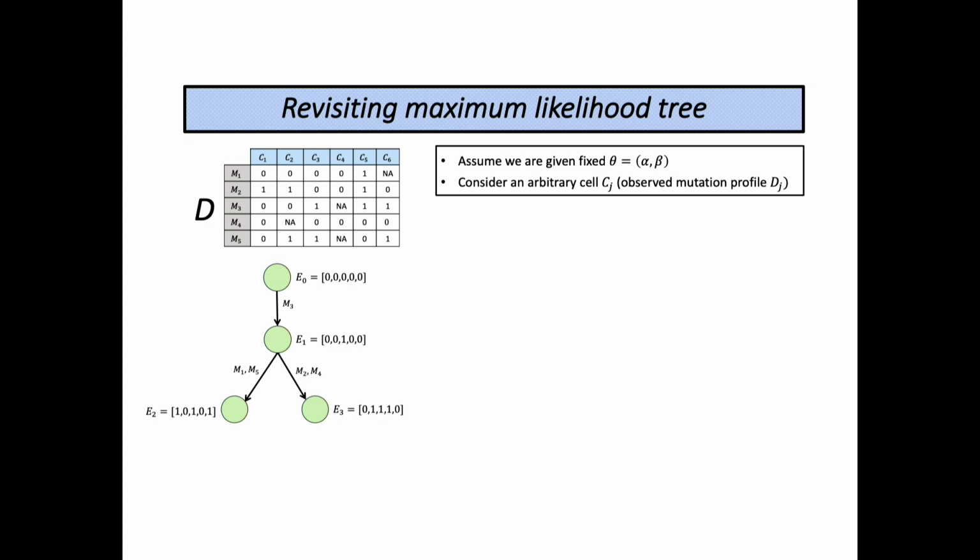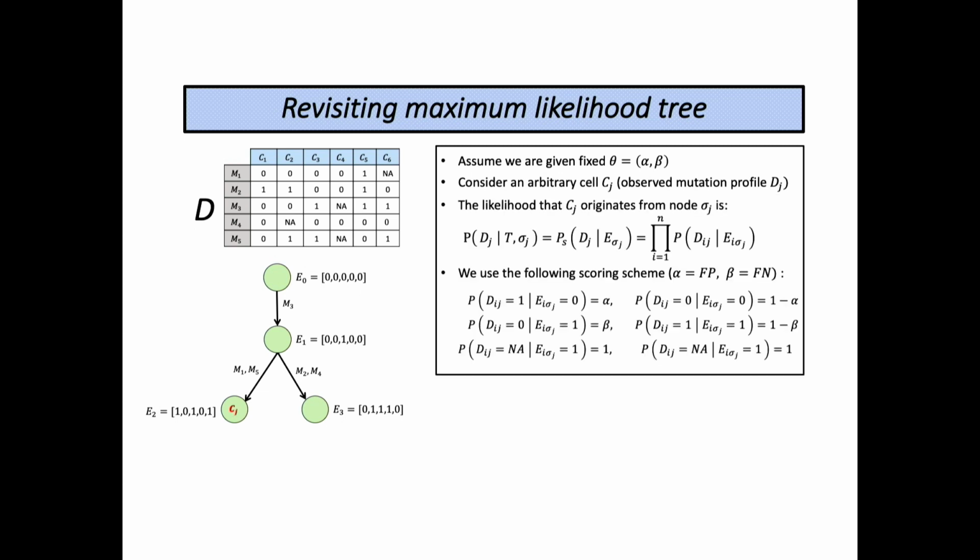So assume that for now our false negative and false positive rates are fixed, and consider an arbitrary cell Cj assigned to a particular node in a given tree. Then I can easily calculate the probability of observing the cell based on the mutational composition of the clone that it is supposed to originate from, right?